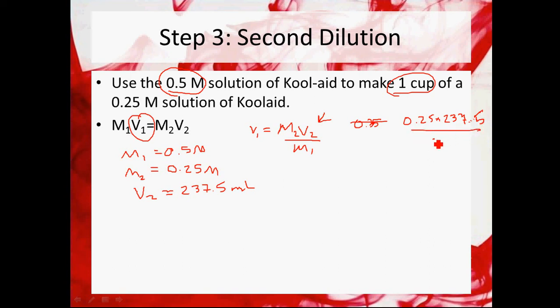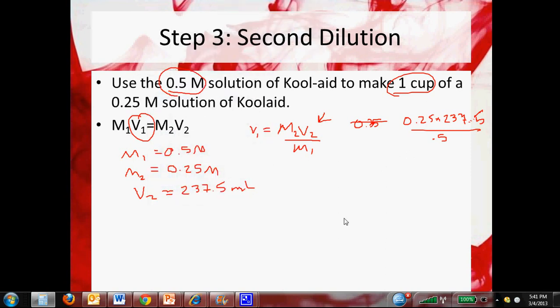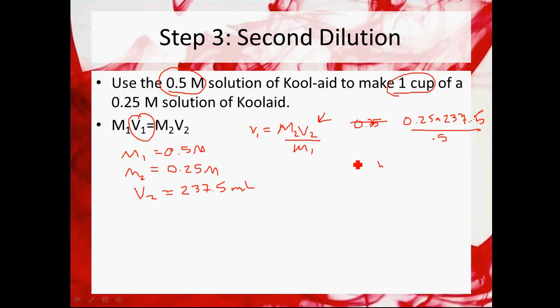Divided by 0.5. So 0.25 times 237.5 divided by 0.5. So it's the same number that we got before. 118. So V1 is equal to 118.75.